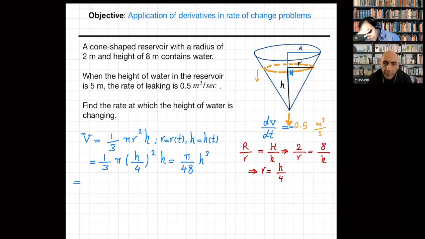So that's the relationship of V in terms of H.